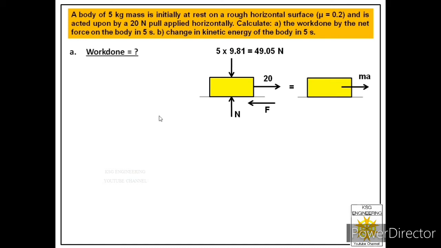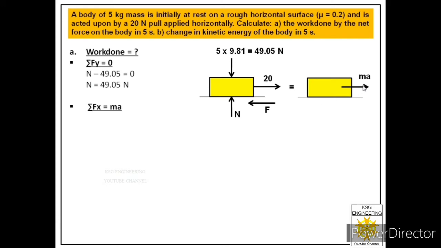Let us first apply summation Fy equal to 0 to get the value of the normal reaction. N minus 49.05 equal to 0, so N is 49.05 newtons. Then summation Fx is equal to ma. There are two forces acting in the x direction. The 20 newton pull is acting in the direction of motion, so we consider it positive.